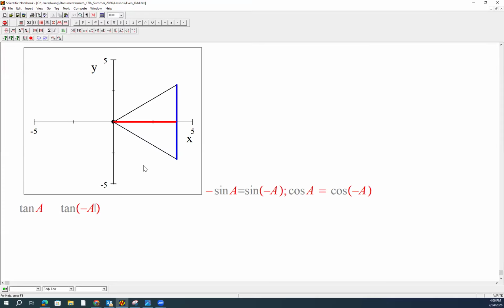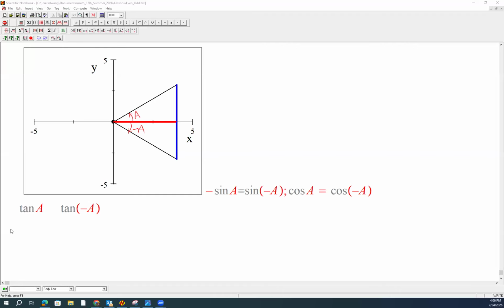We're going to mark these two angles: this is A, and that's negative A. They share the same red, and the blues are opposite.